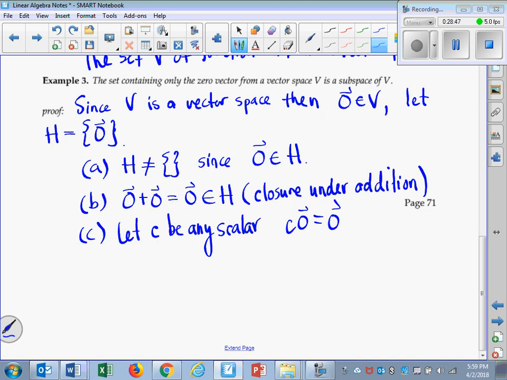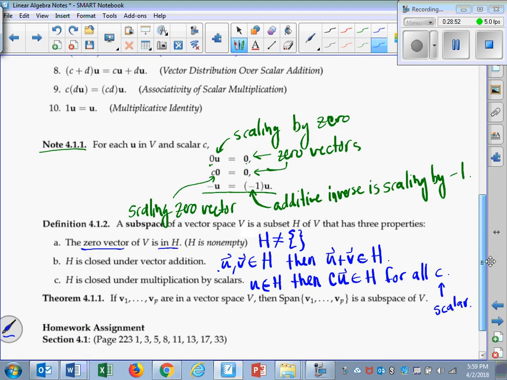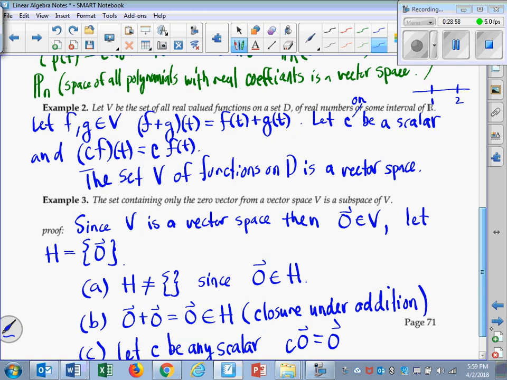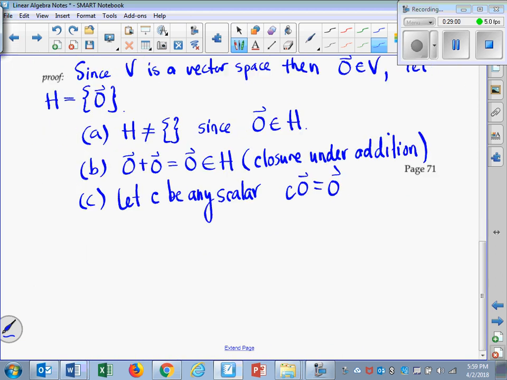That's a property in our note that we had on the previous page. Remember, if you scale 0, it stays 0. And so by scaling the 0 vector, this happens to stay inside H. It does not leave. So that means that this is closed under scalar multiplication. Cool. So this means that H is a subspace.